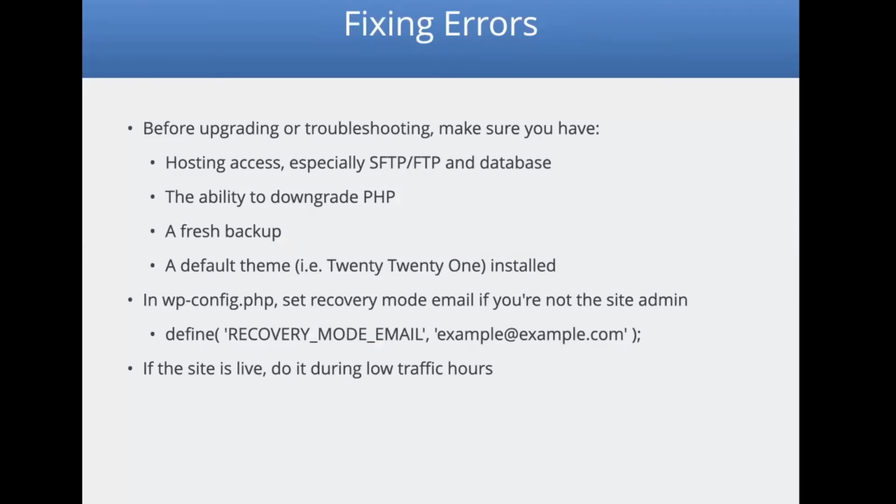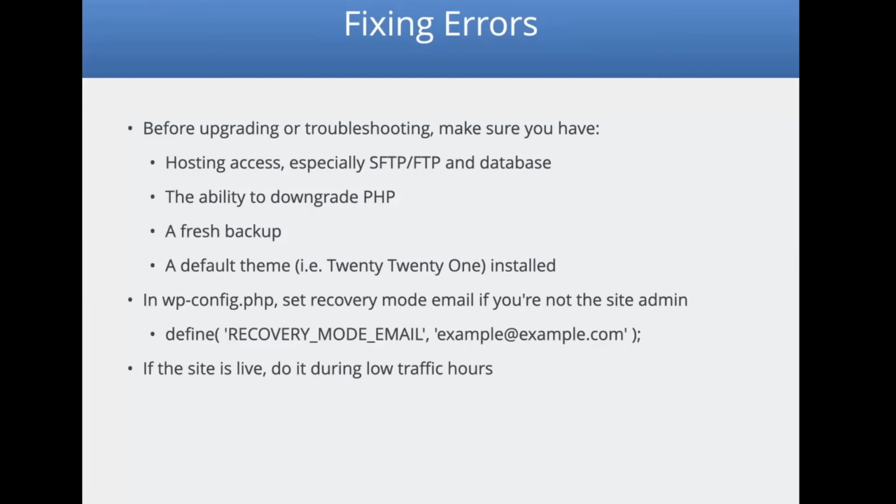Okay, fixing errors. And before upgrading, I should say before upgrading live or troubleshooting live, you really want to make sure you have the following: hosting access, especially SFTP and database access, the ability to downgrade PHP, a fresh backup, and a default theme installed.